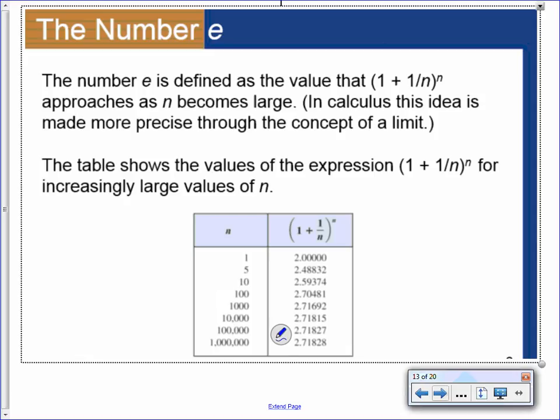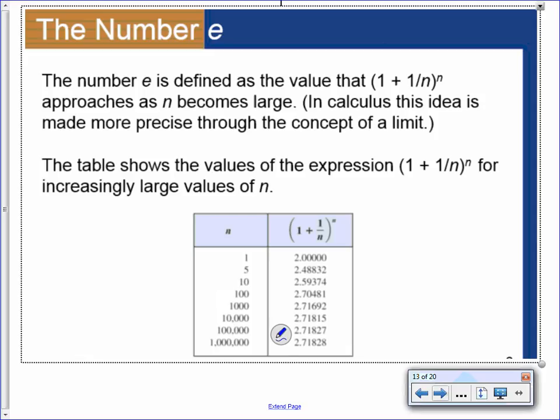Okay, we need to talk about the number e. The number e is defined as the value that (1 plus 1 divided by n) to the nth power approaches as n becomes large. When you get to calculus, you'll learn this as the concept of a limit.